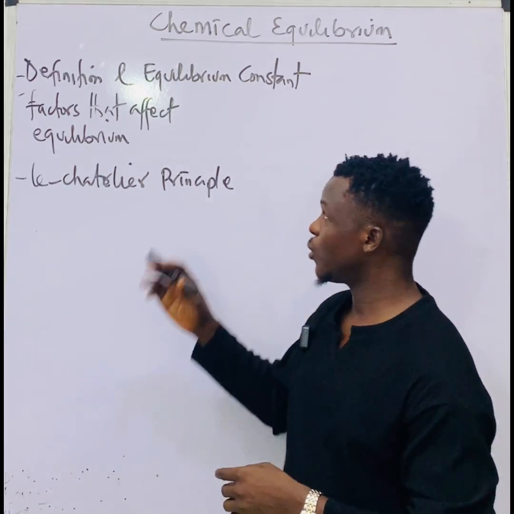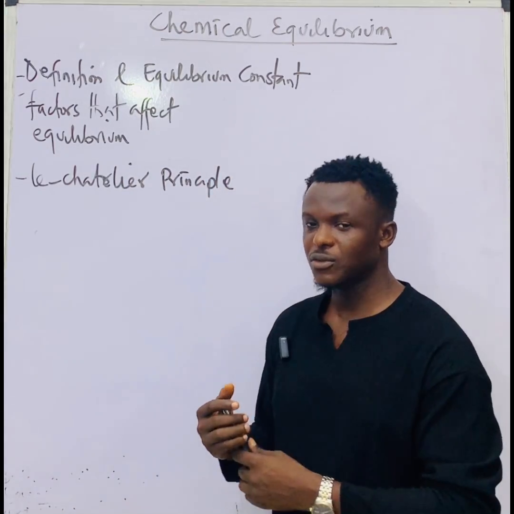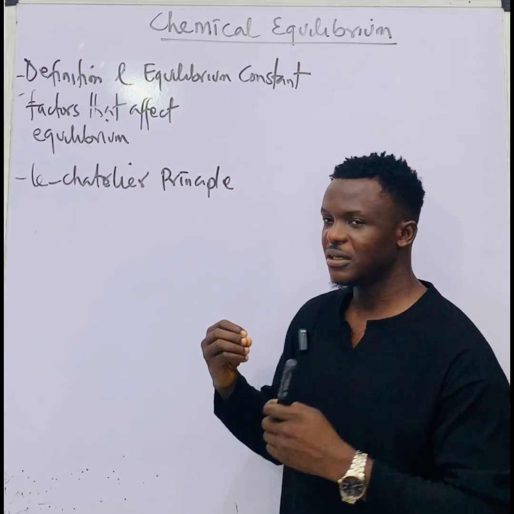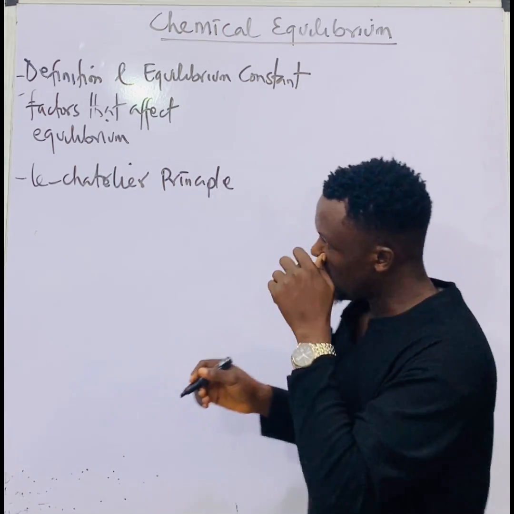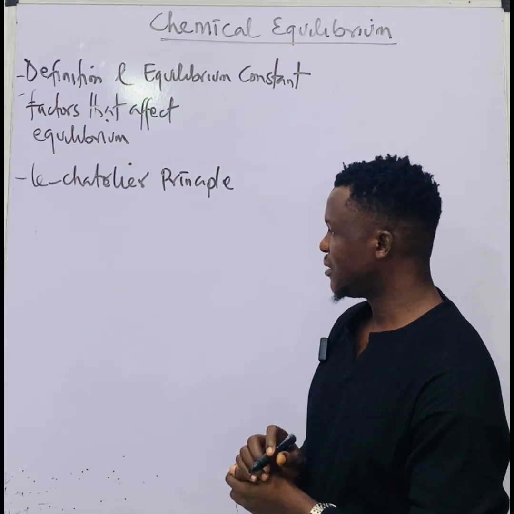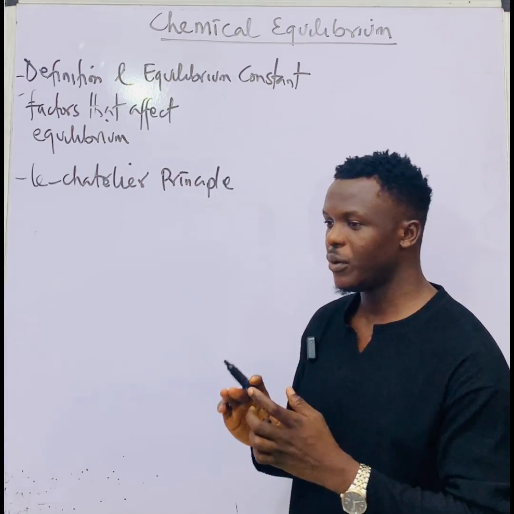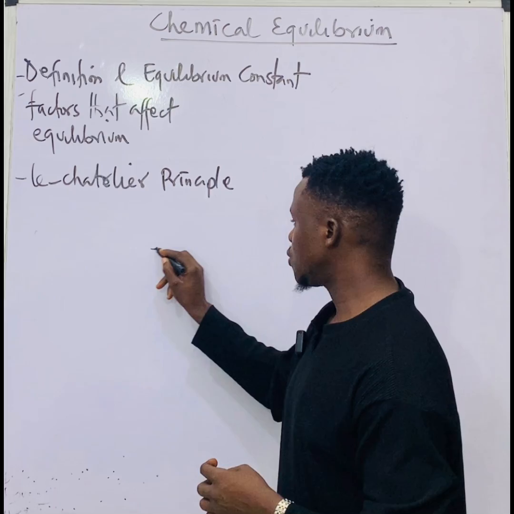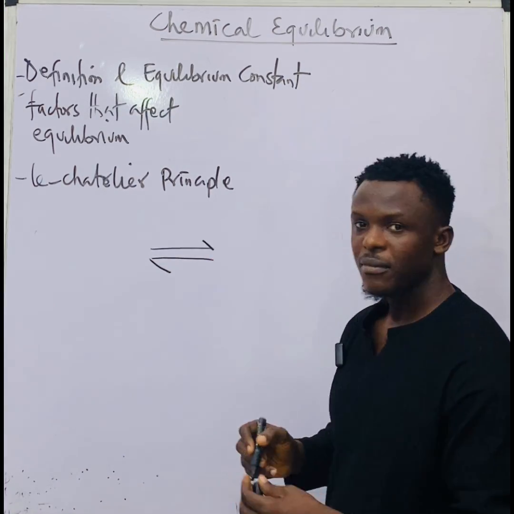Now, the next property we're going to be looking at is not really a property, but it's important that we know it. There's what we call a reversible reaction. Remember we said chemical equilibrium is when the rate of the forward reaction is equal to the backward reaction. So this is always represented using a two-headed arrow.